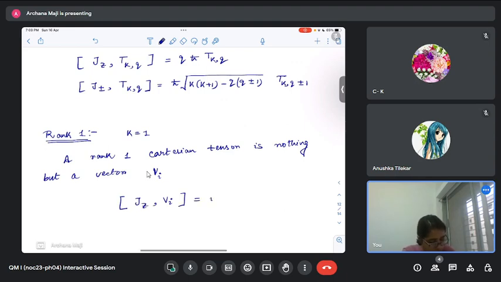It's i h cross epsilon. So the commutator of any vector with J is i h cross epsilon ijk.